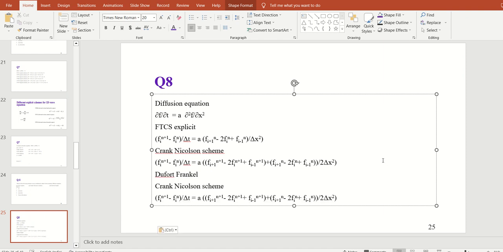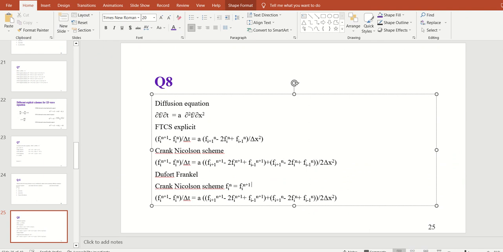This also the thing remains same, but we are phi n is changed into phi n minus 1.